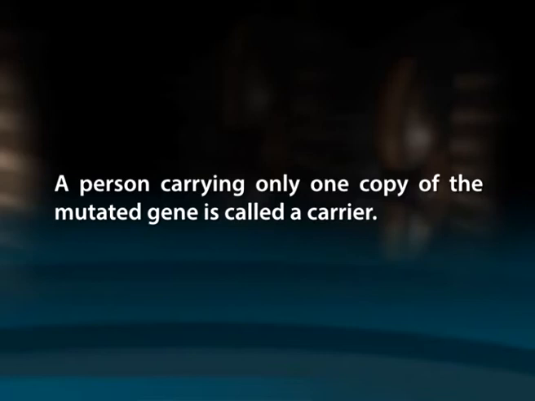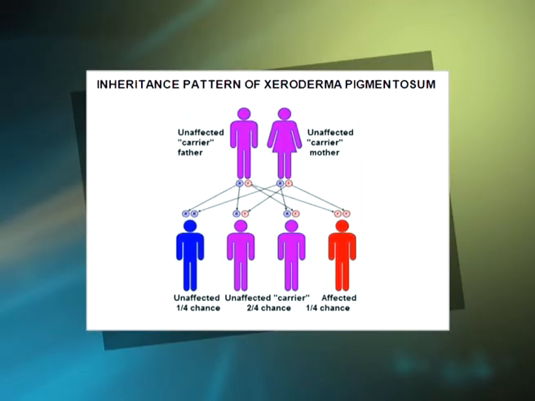A person carrying only one copy of the mutated gene is called a carrier. When both parents are carriers of a recessive mutation in the same gene, there is a 25% chance that a child will inherit 2 mutations and be affected, and this is clearly shown in this figure.